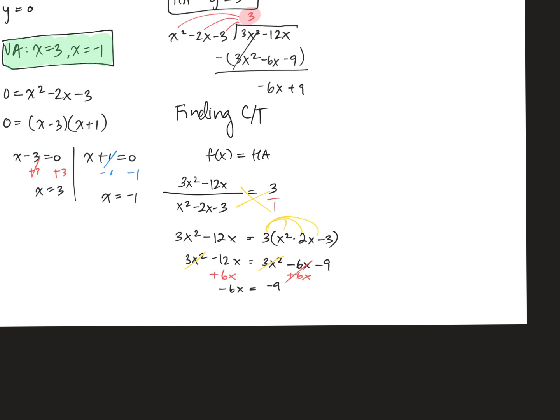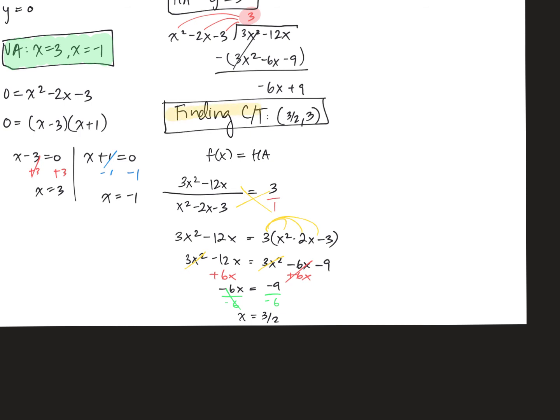Okay, we're really close to running out of room. So divide by 6, and we get x equals 3 over 2. So I do have a cross touch point at x equals 3 over 2. Once again, list your cross touch point.